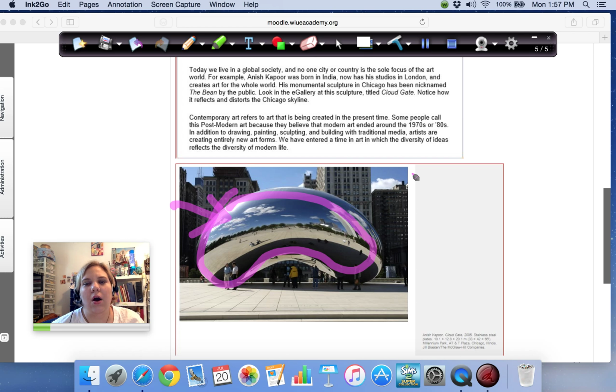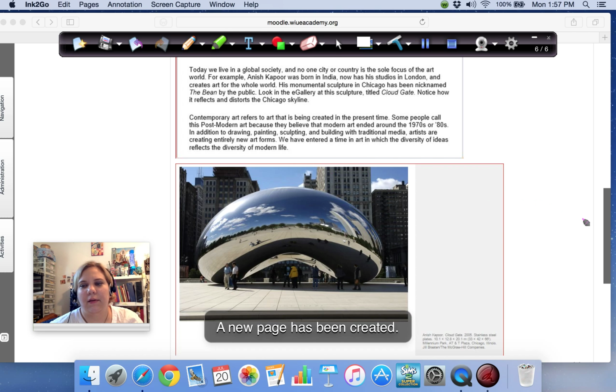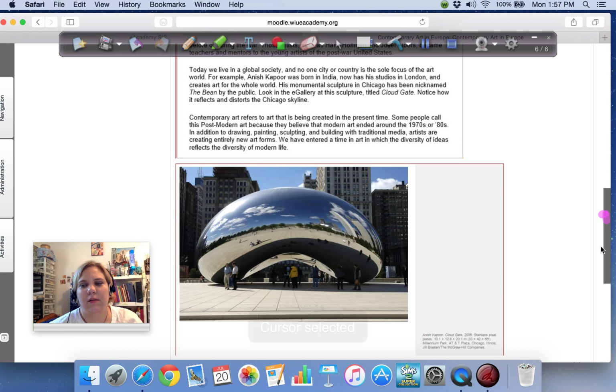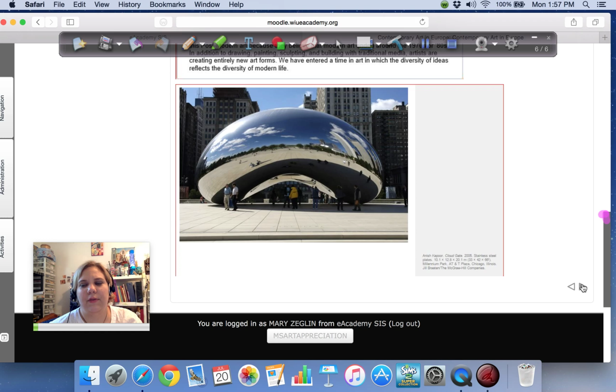So the art is using the environment around it to influence it. It actually looks kind of dangerous, like that thing might just flip over, but I'm sure it is fine. Okay, and let's move on. There's a lot of new things to learn about.